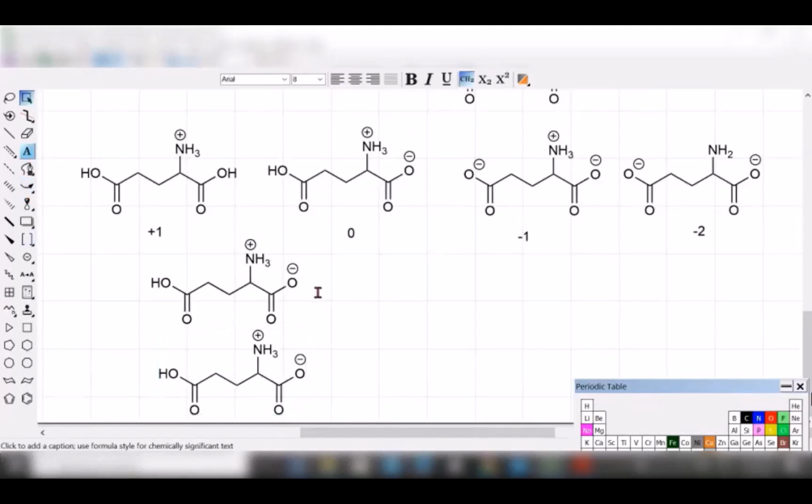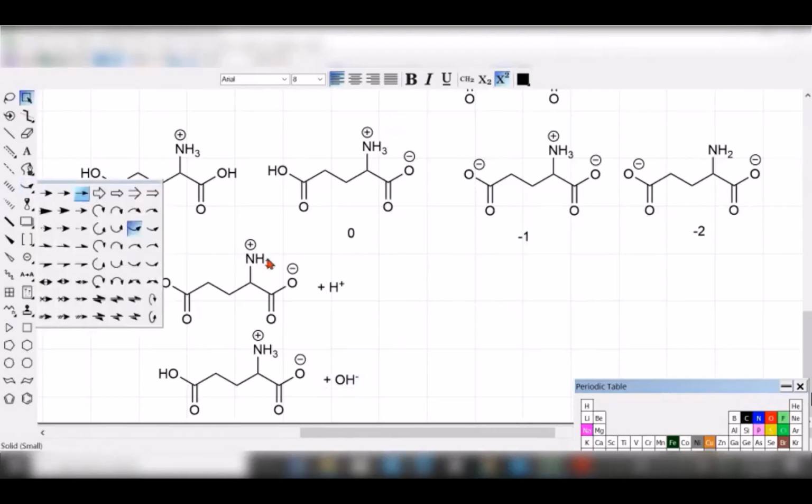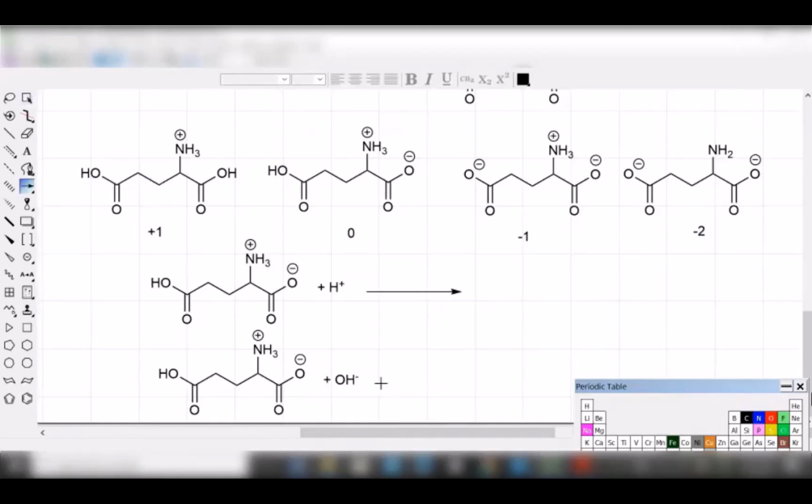I'm going to add H plus, and then I'm going to add OH minus. So I hope it's quite trivial from here. When I add H plus, I will get back the carboxylic acid.